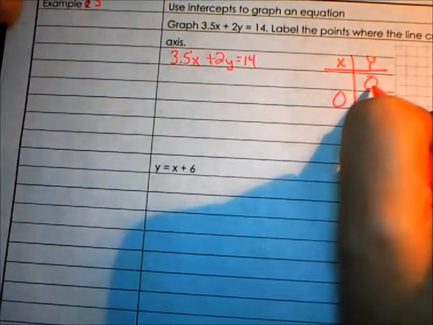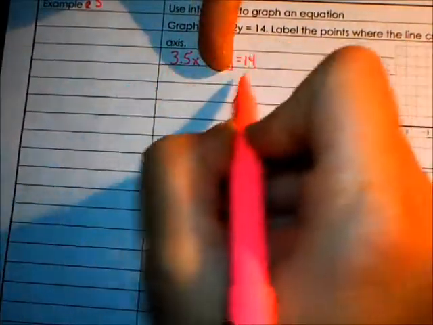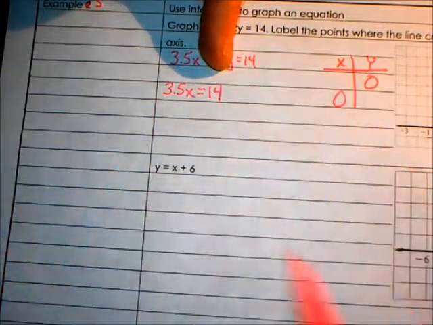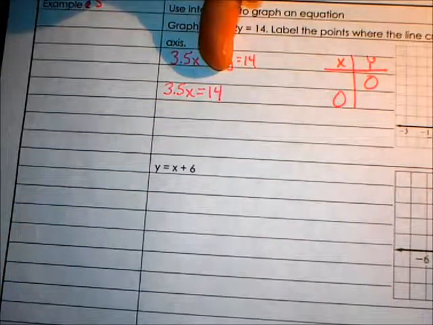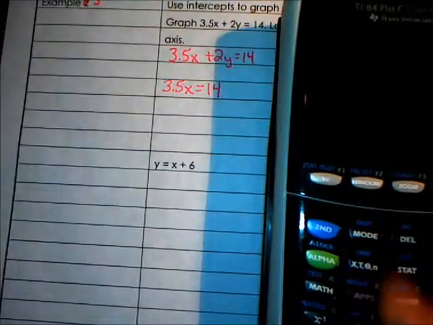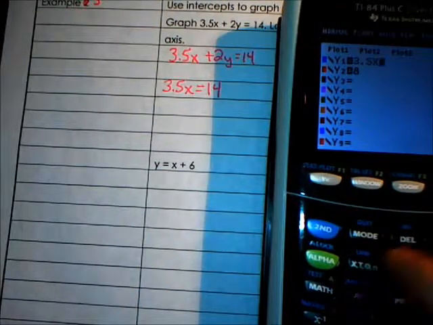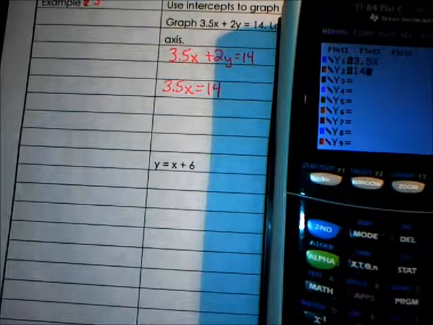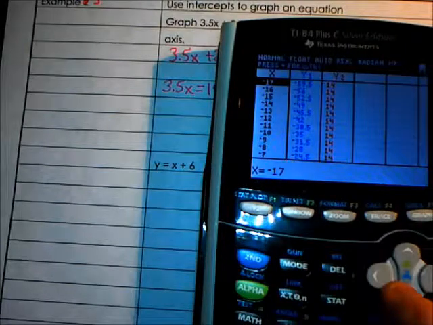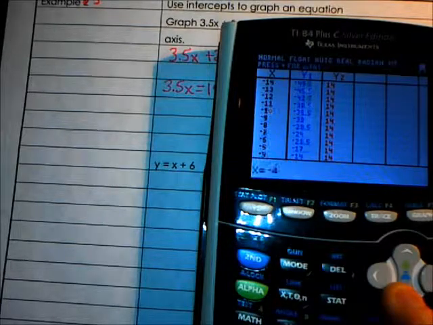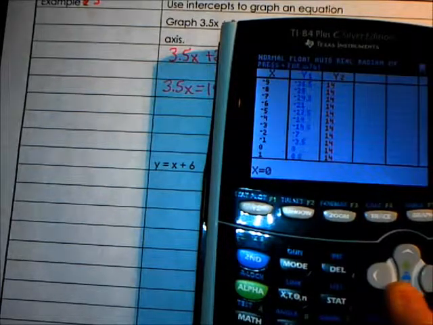The first one I put the y being 0, then I have this equation 3.5x equals 14. And that decimal messes with me. I'm going to plug it into the y equals, and then go to my table, and I've got to go to a 14.